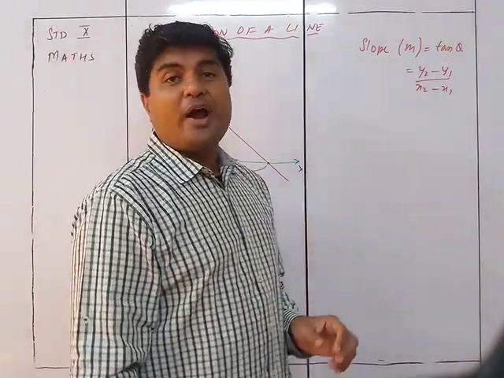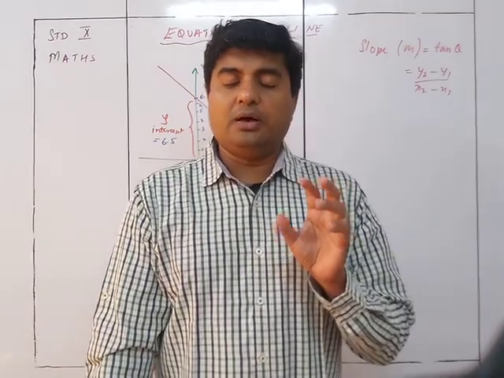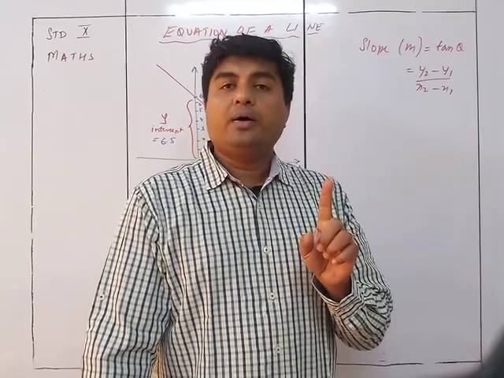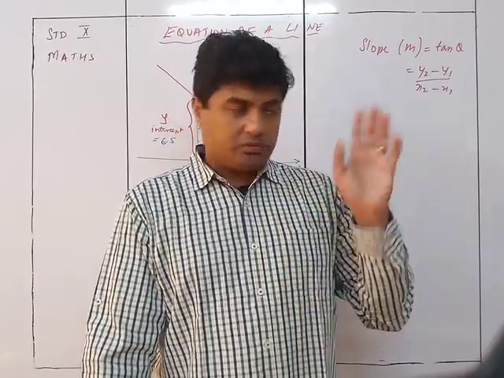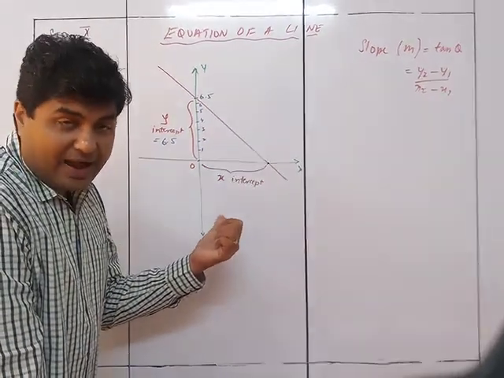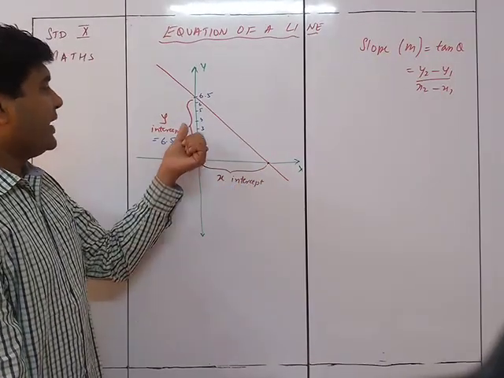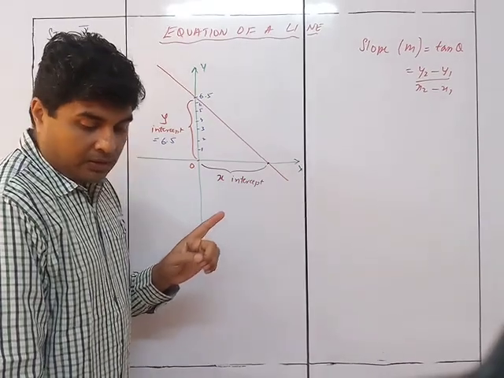So the point on the x-axis at which the line intersects the x-axis is called the x-intercept, and where it meets the y-axis is called the y-intercept.